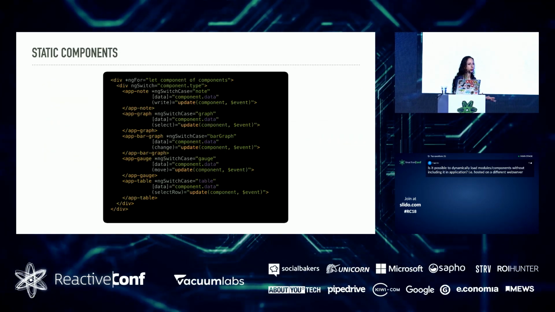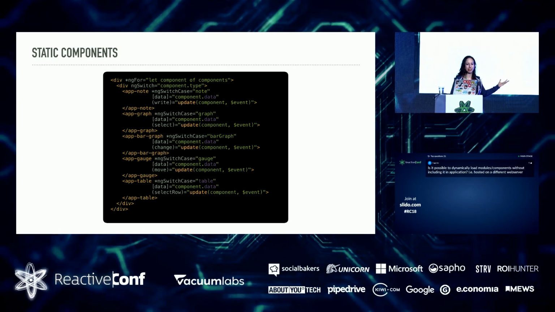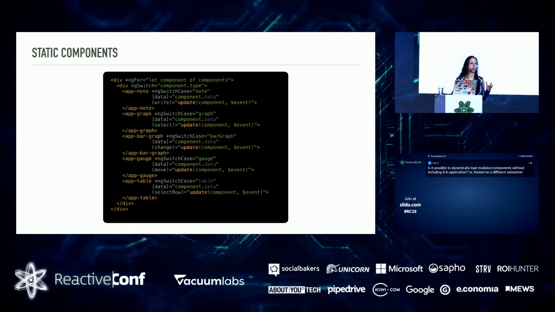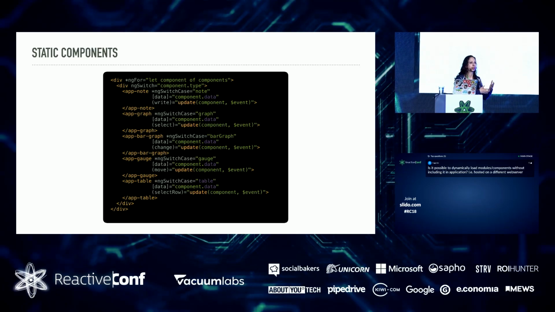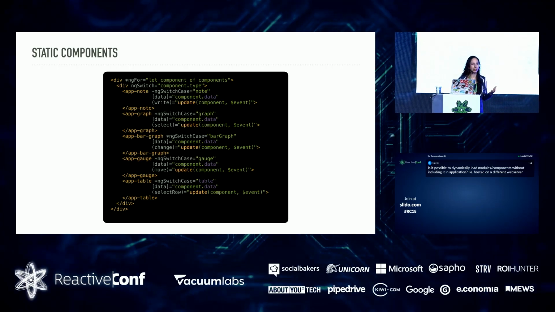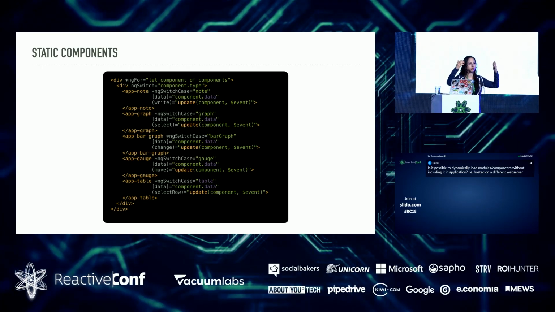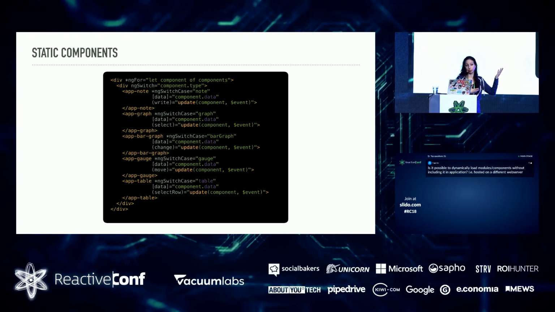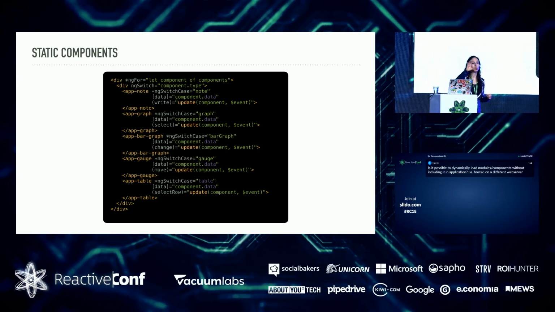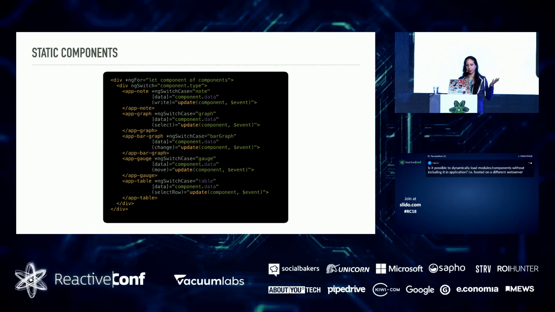So if we're working with static components, then you might do something like this. You have your template, and you have all the different components there. You're iterating over this array of configuration that the user has. And for each item on this array, you will check the item's type first, and then use ngSwitch to show the component that matches this type.